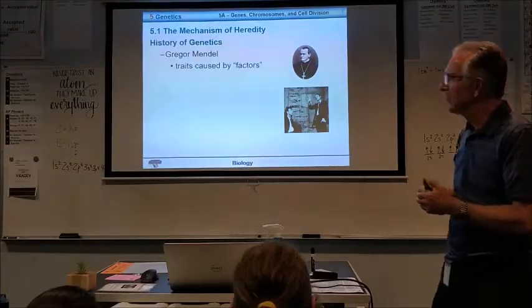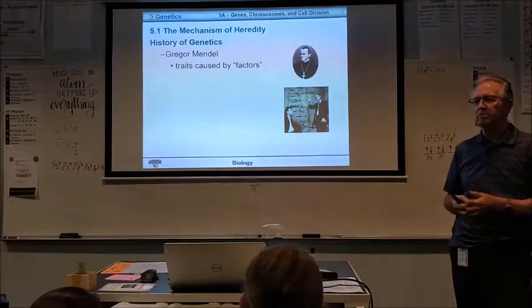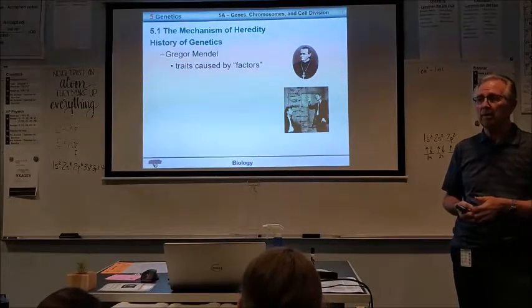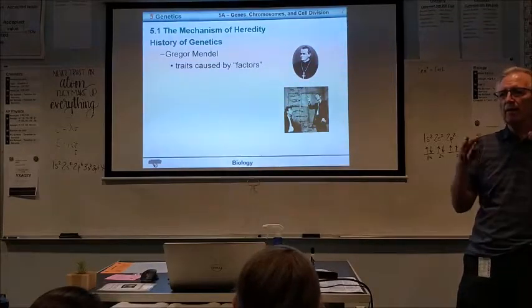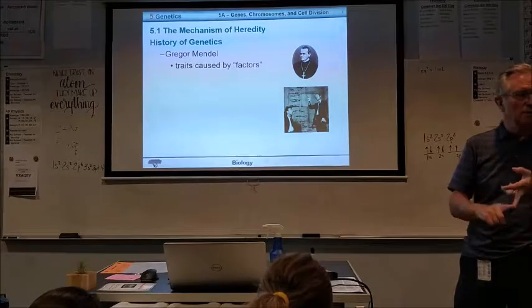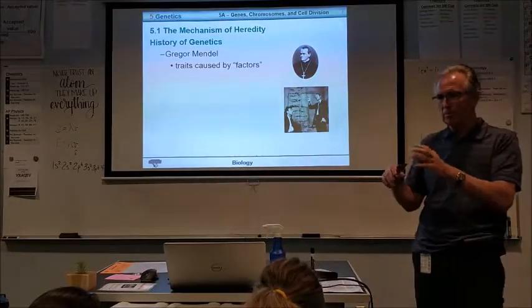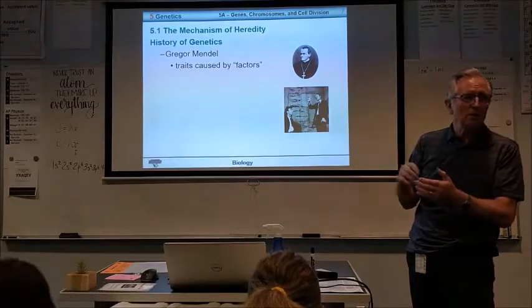This guy, the first guy right here, Gregor Mendel, was a monk. He lived in a monastery, and monks that live in a monastery all are given jobs to do. Like some work in the kitchen, some clean, some keep track of the money, let's say. They're like bookkeepers.